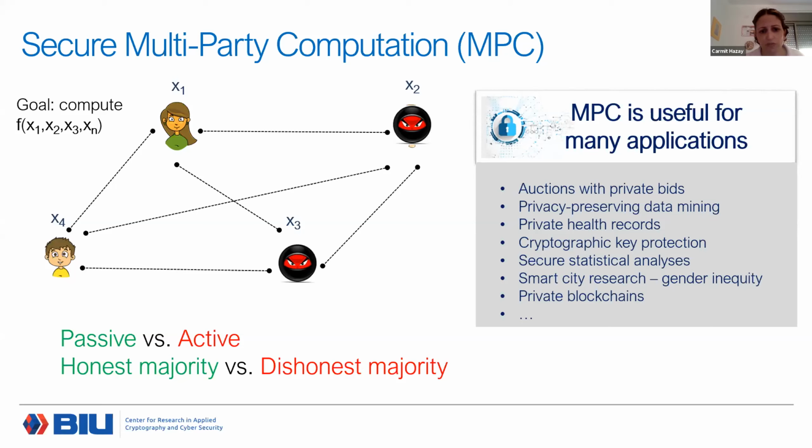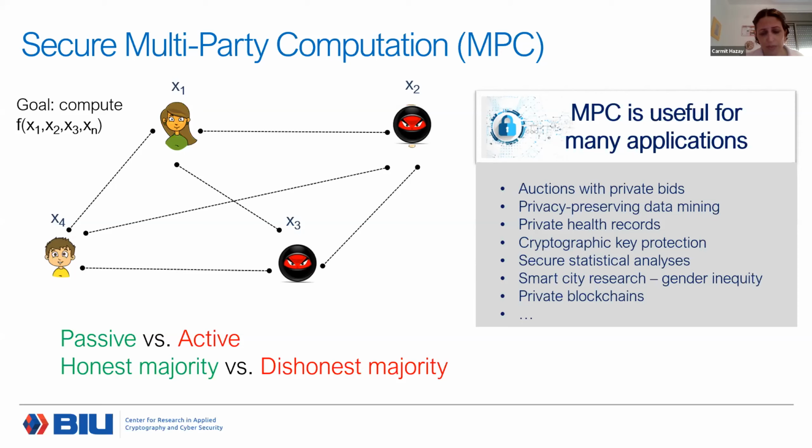And we distinguish two types of adversaries, passive and active, where passive is the benign attack model, where the adversary follows the protocol specification, but tries to learn some additional information. And also the corruption model, where an adversary can corrupt either less than half of the parties or n-1 of the parties.